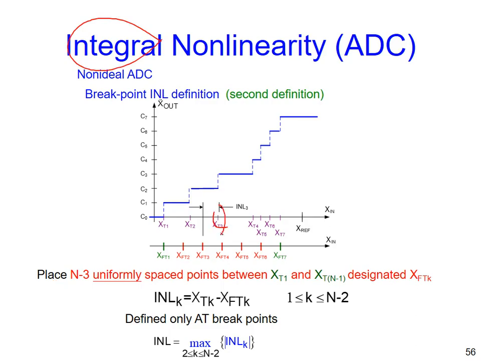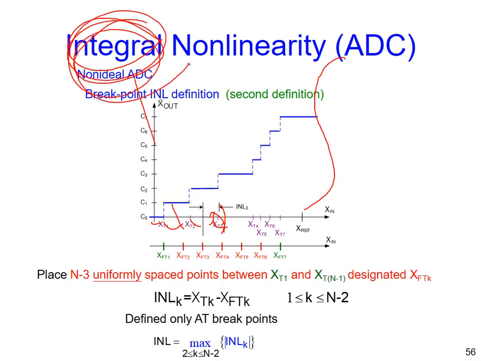It is the summation of the first and the second, and so on. You need to sum them up to get the definition for integral. So what is INL? The measurement result minus the perfect, ideal case result. That is the integral definition. But anyway, we focus on the maximum. That is the definition for INL.